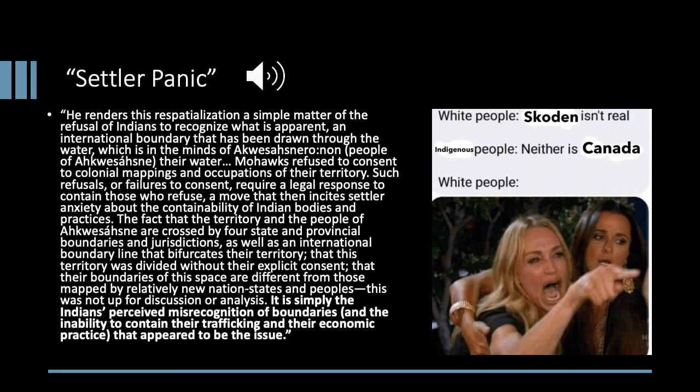When smuggling is framed as a problem, when Mohawk practices are constructed as smuggling, the problem appears to be Indians' failure or misrecognition of international boundaries and a failure to contain their trafficking and their economic practice. It's their failure or refusal of containment.